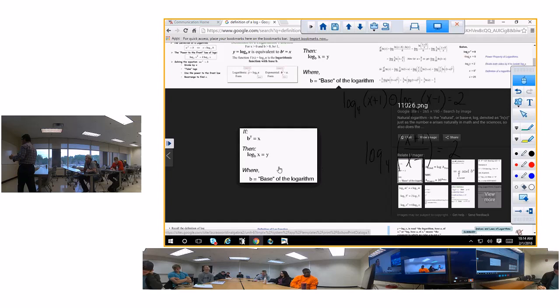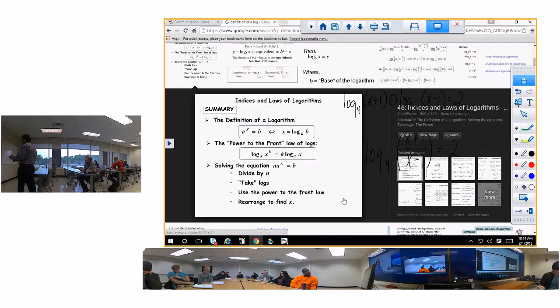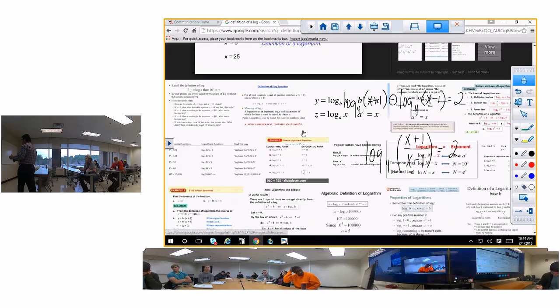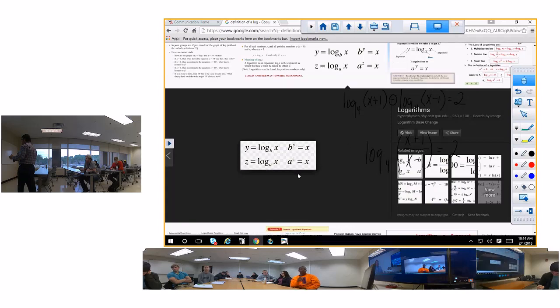I use log base a, but you can use log base b if you want to. Here it is, log base a, but they changed this to z. So however you want to learn it.